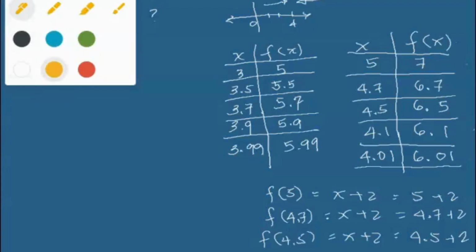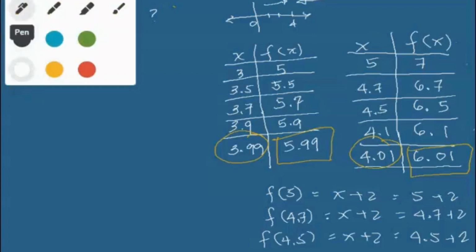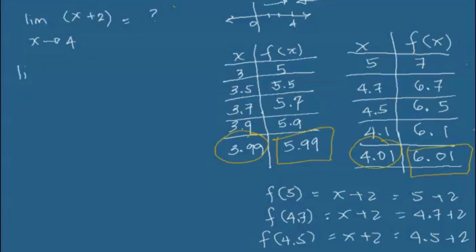So from the observation, what do we notice? As x approaches 4, our f of x approaches 6. So let's write that. The limit of x plus 2 as x approaches 4 from the left side is 6.